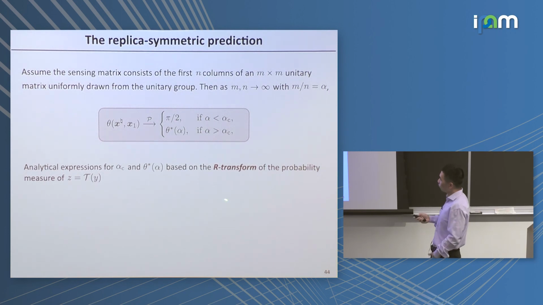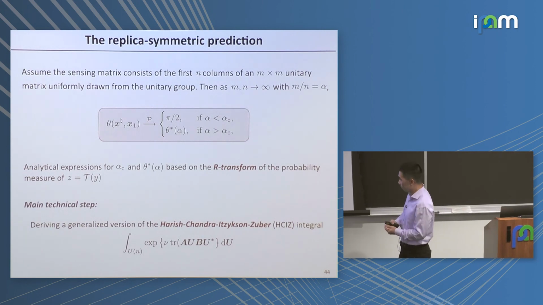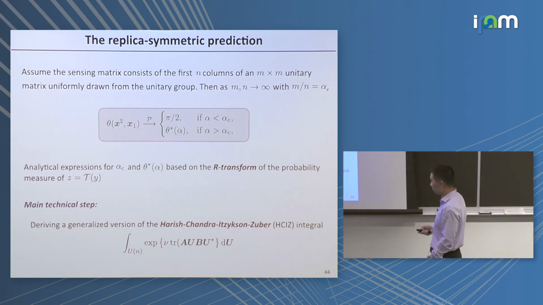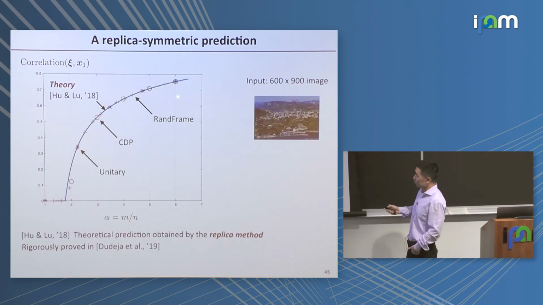So initially, we used the replica method to calculate the asymptotic limit of this angle, and we got exact formulas for the limiting angle and the threshold. One technical step, if you're an expert in this, you will know, is to calculate a version of the HCIZ integral. But then here is some simulation.